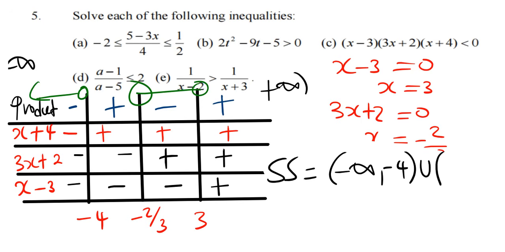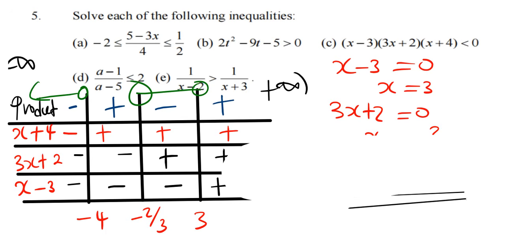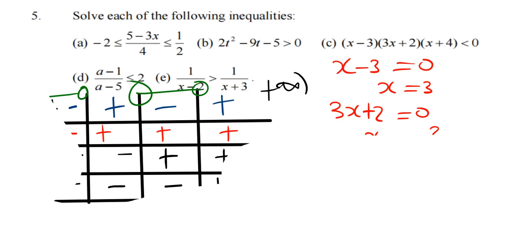Then the other part, it is negative 2 over 3 all the way to 3. Then we end there. So that will be the solution for this part. So that is how we solve C.